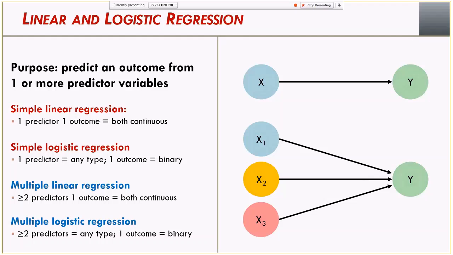Rules still apply. Within the case of linear regression, your outcome is continuous and your predictors are continuous. Within the logistic regression context, your outcome is binary and your predictors can be categorical or continuous.